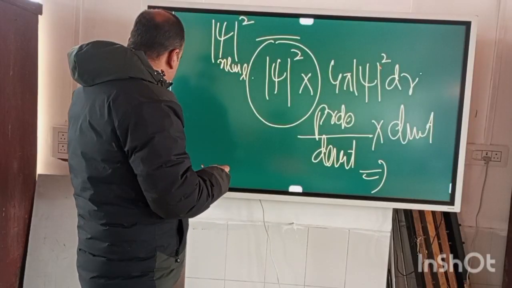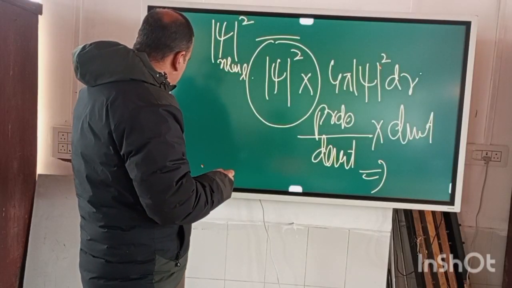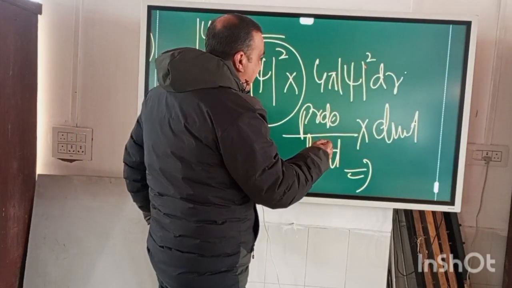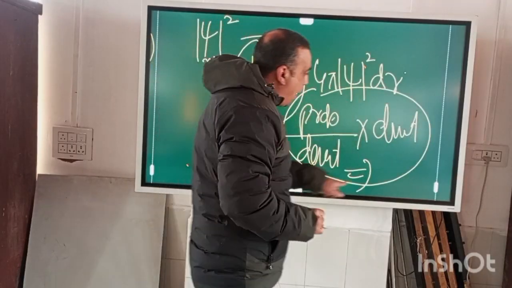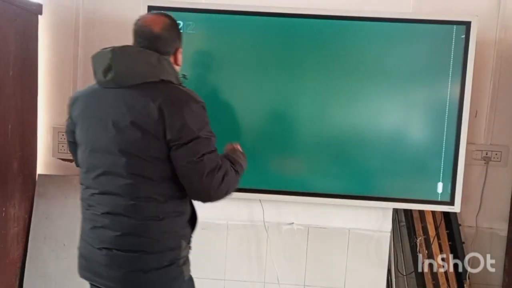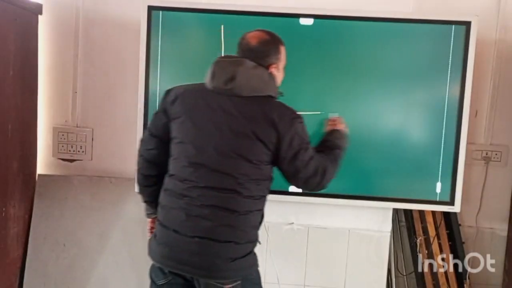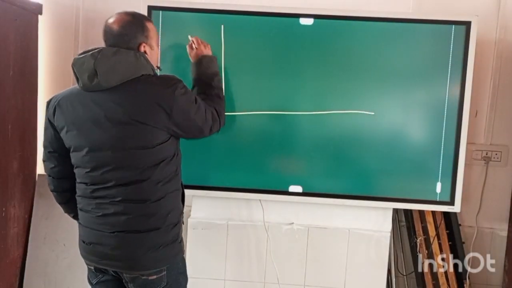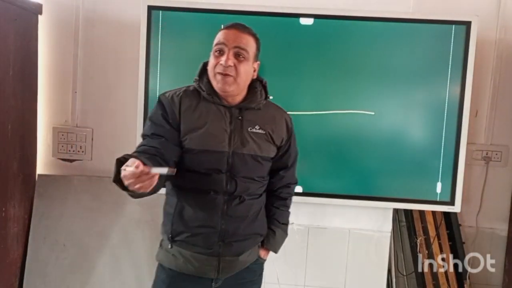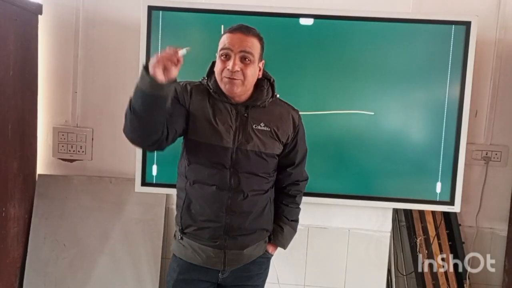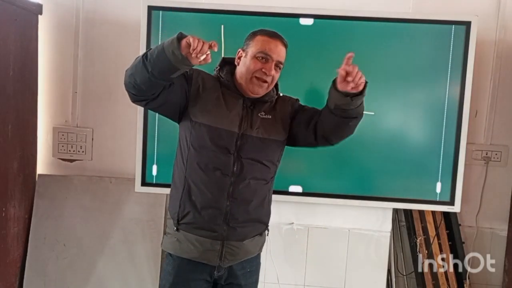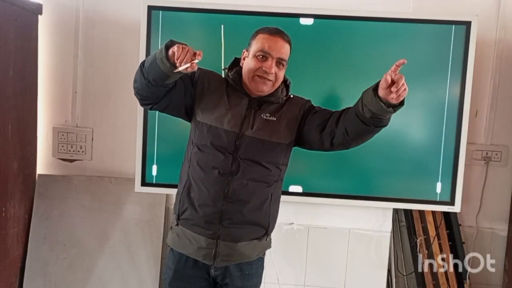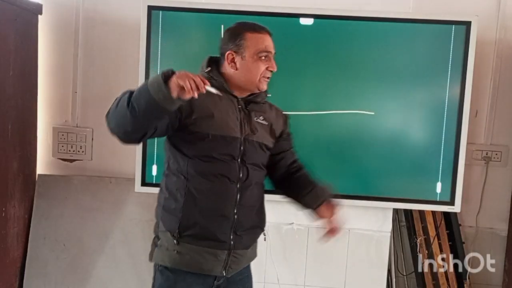So if I choose a situation like this and plot it as a function of r, if I want only the probability, not the probability density, I have to multiply by a small thickness where I want to talk about the probability of the electron.